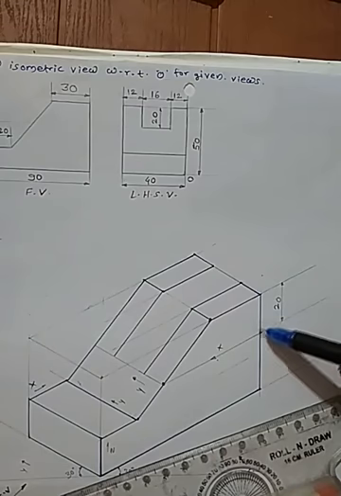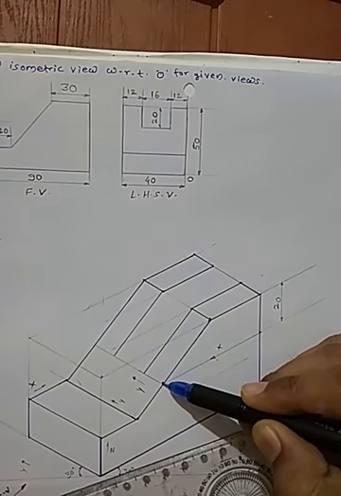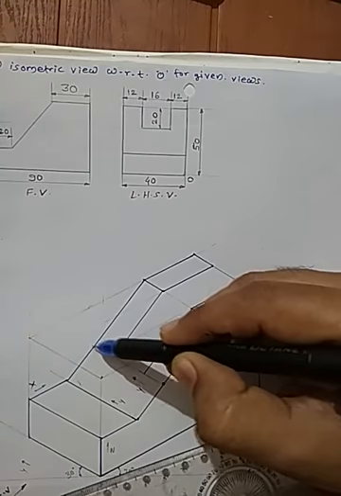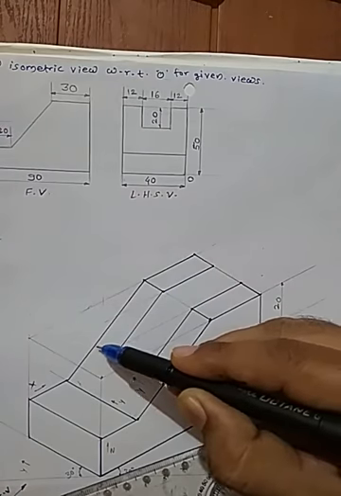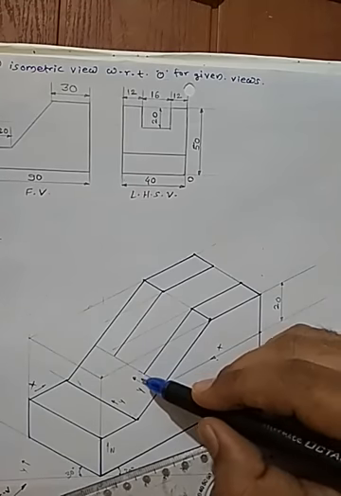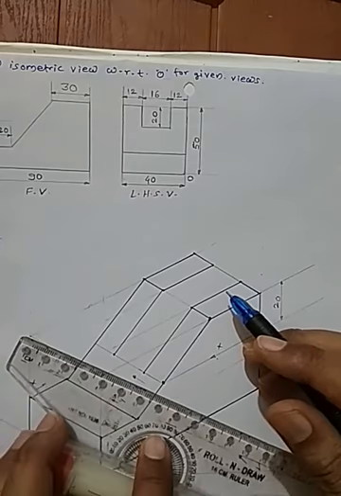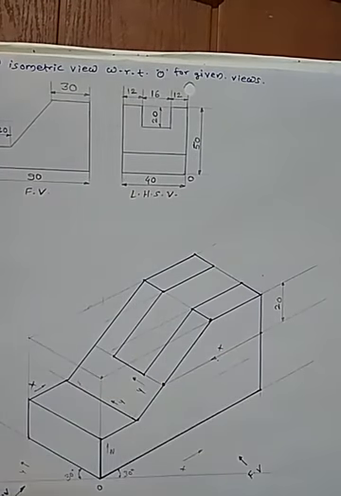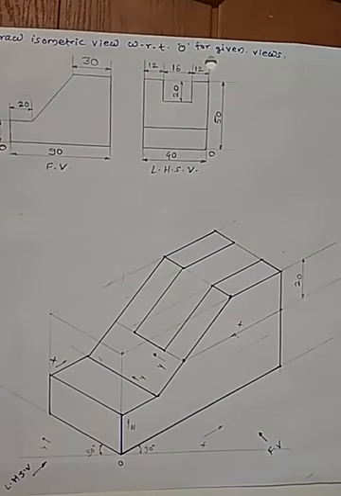Then we took a parallel line to x axis, intersecting here on this slant edge. Then one parallel line to y axis. And from these two points we have taken this inclined line. These are intersecting here. So join these two points.